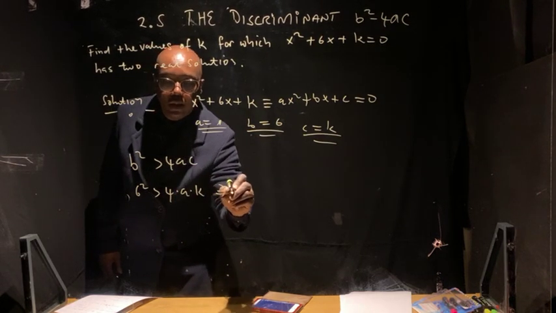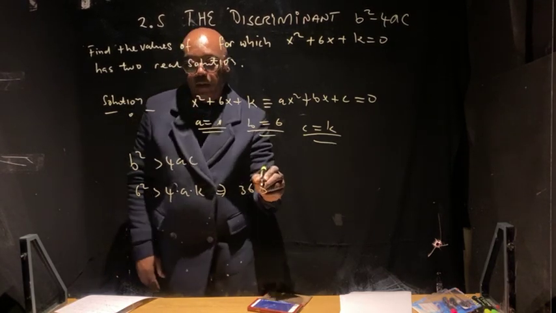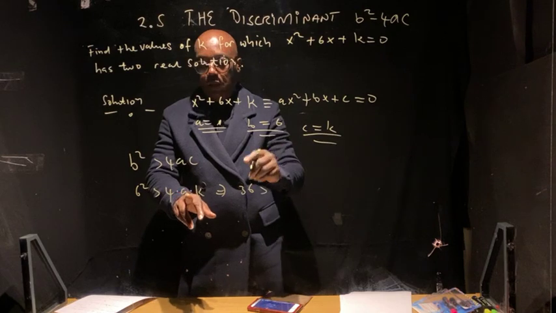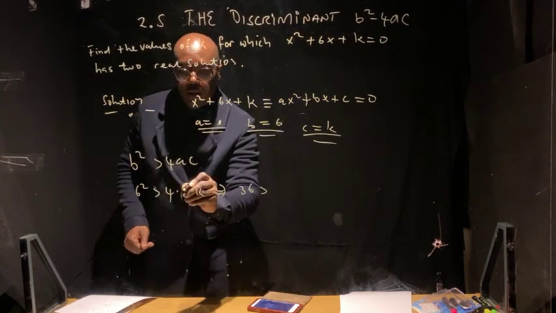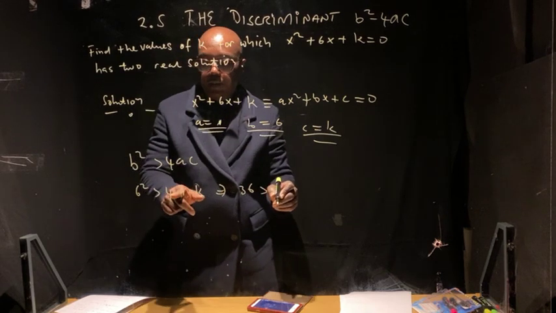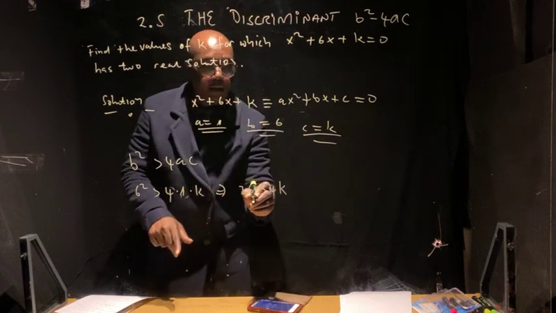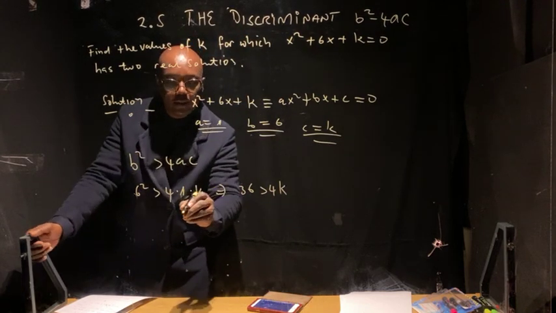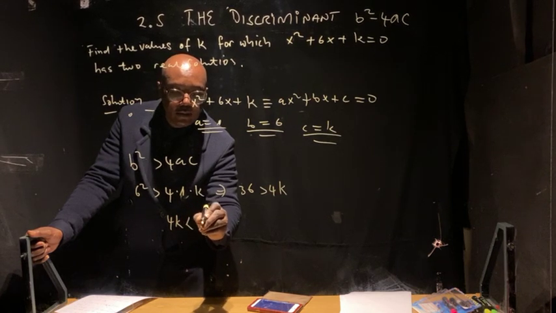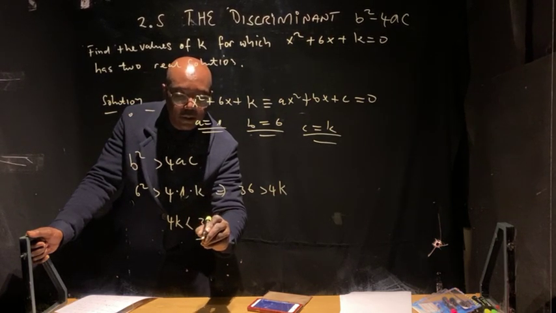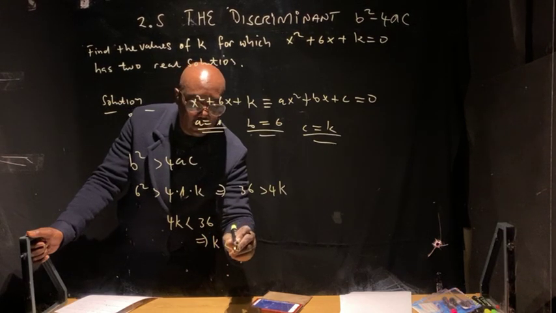So we have 36 greater than 4k, which implies 4k is less than 36, which implies k is less than 9.